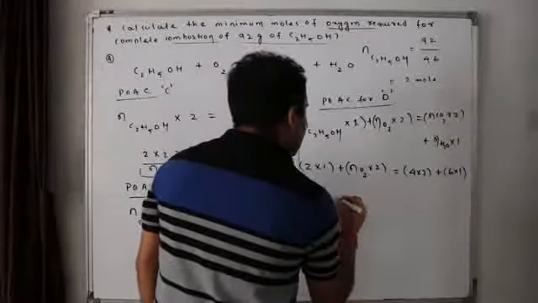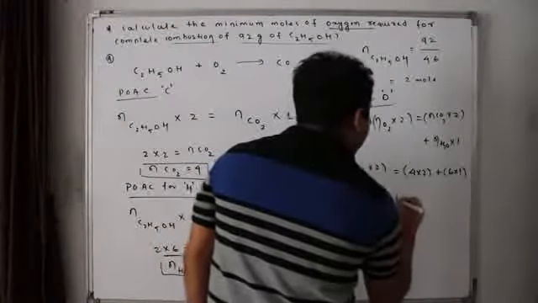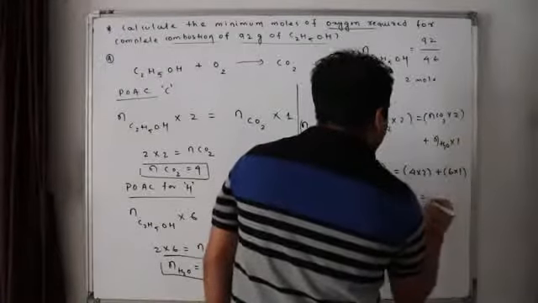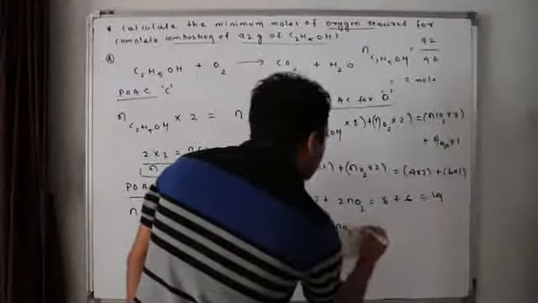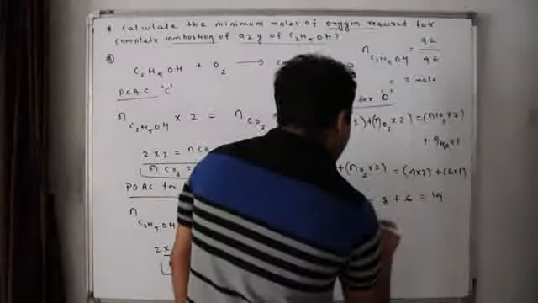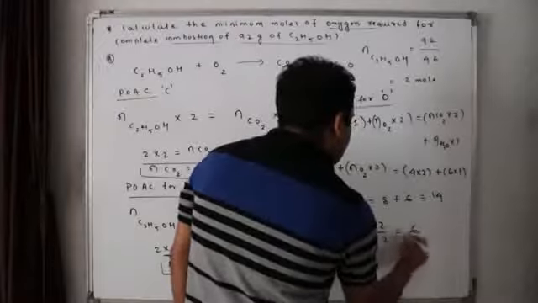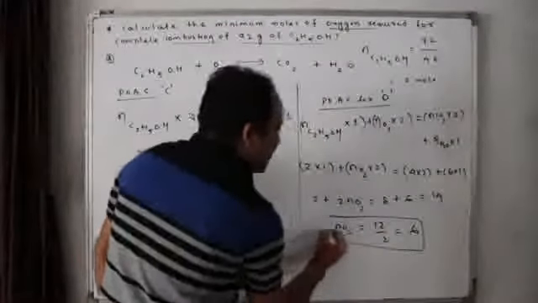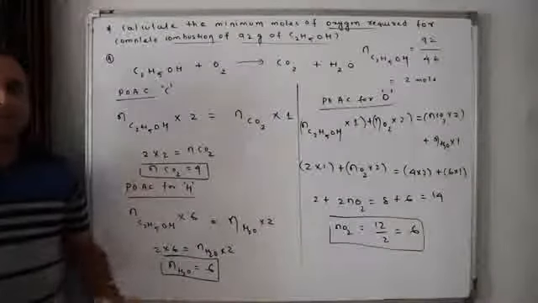So 2 plus 2 NO2 is equal to 8 plus 6, which is 14. So 2 NO2 is equal to 14 minus 2, 12, by 2 is equal to how much? 6. By the direct balancing method also, the answer is 6. Now POSC also gives 6.